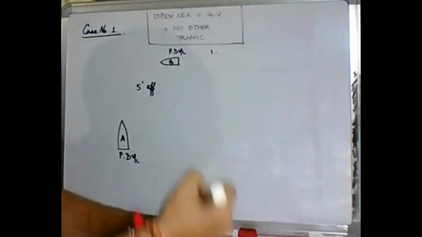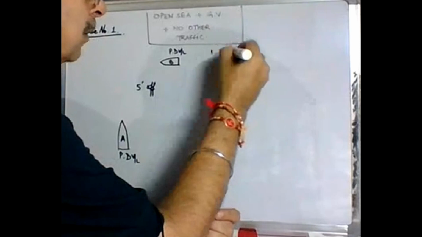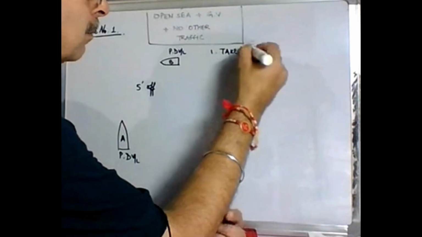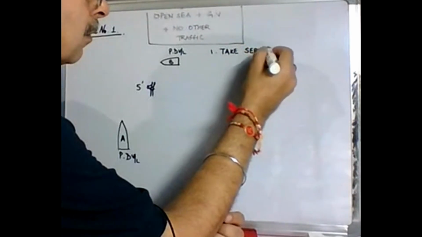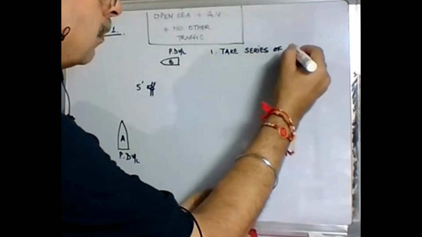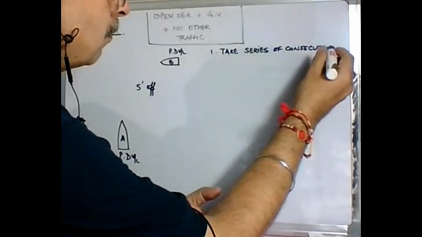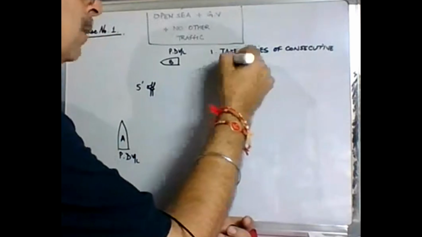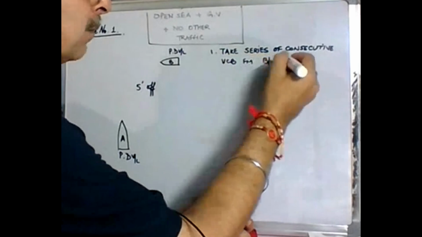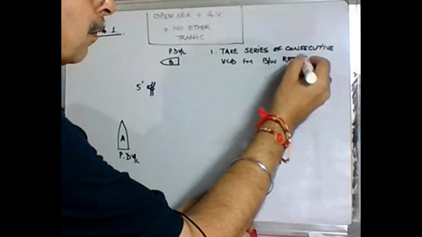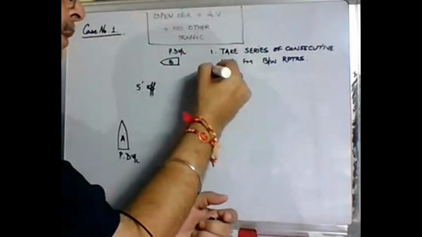So regular compass bearings. Can you repeat that in a better phrase? Take a series of consecutive visual compass bearings from bridge wing repeaters.